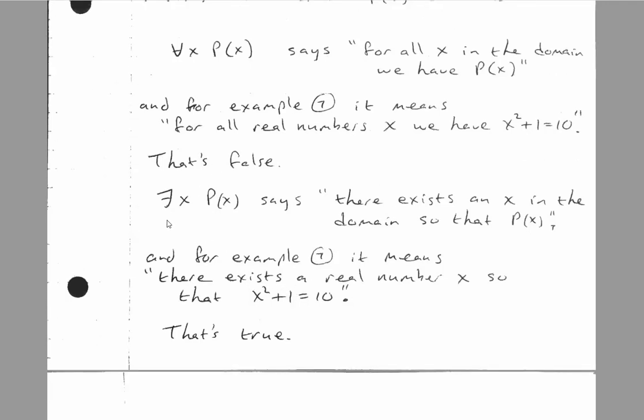In this example, there exists a real number x so that x squared plus 1 equals 10. We already saw that that's true. 3 works, and also negative 3 works. So the existential quantification of P of x is true in this case.